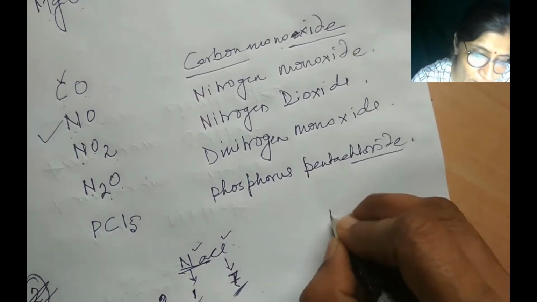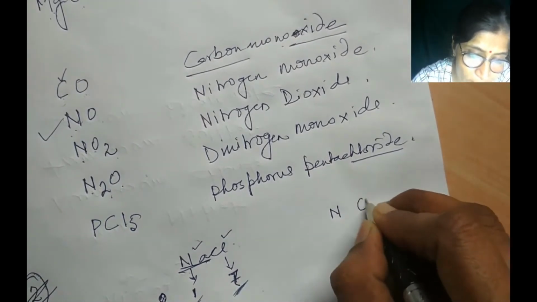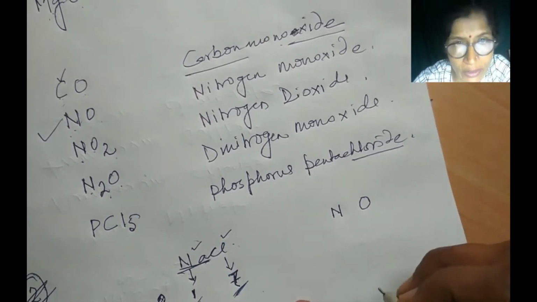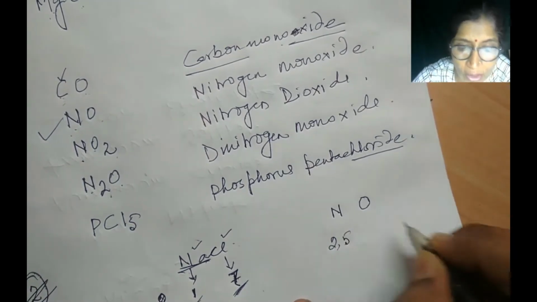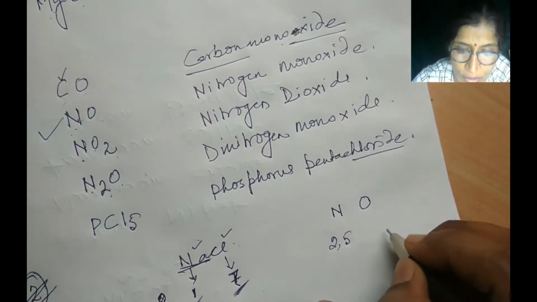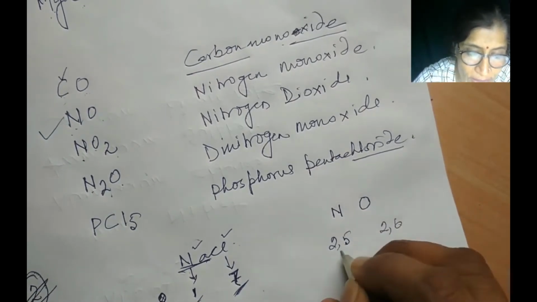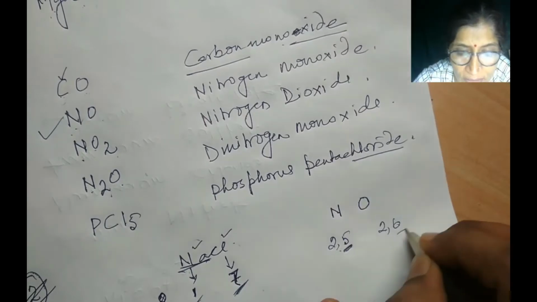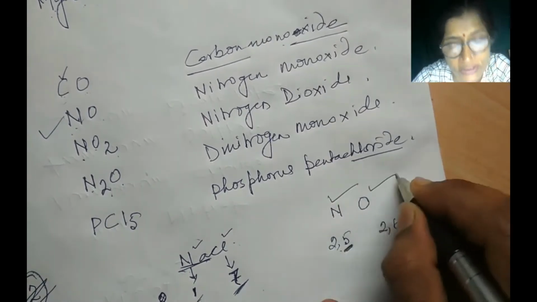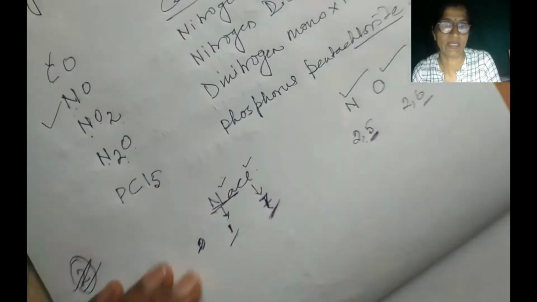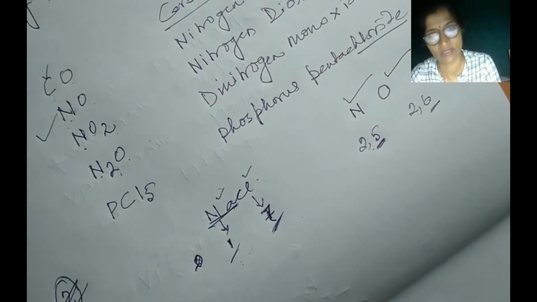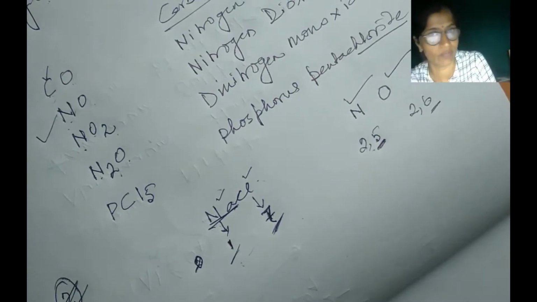Now think about N and O. N atomic number is 7, so its configuration is 2,5, while oxygen is 8, so the configuration is 2,6. So the valence electrons in this case are fewer than this. That is why I will write nitrogen first and then oxygen. So I think now you know why I am writing nitrogen first and within the formula oxygen afterwards.